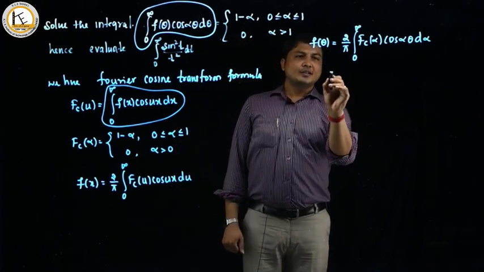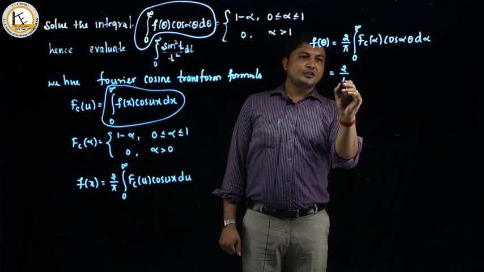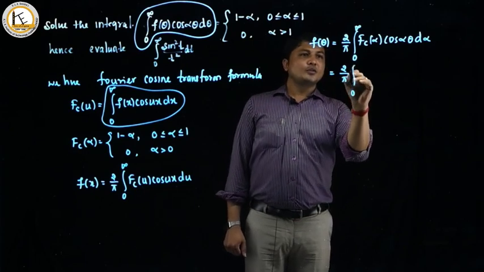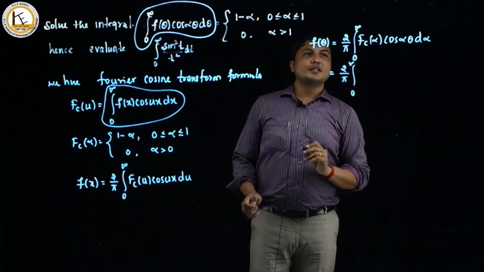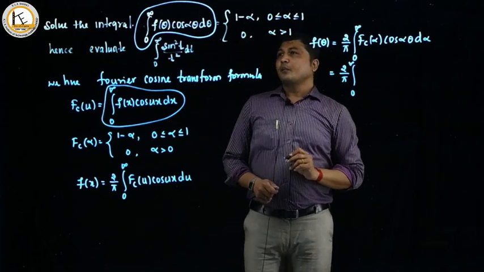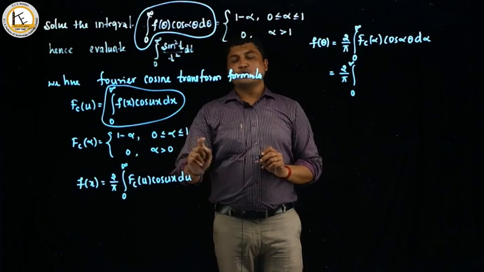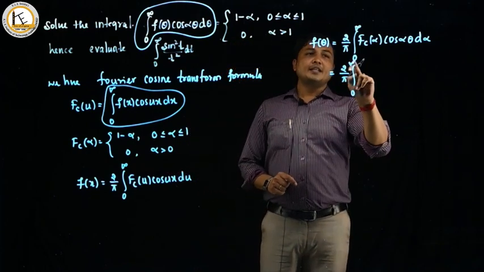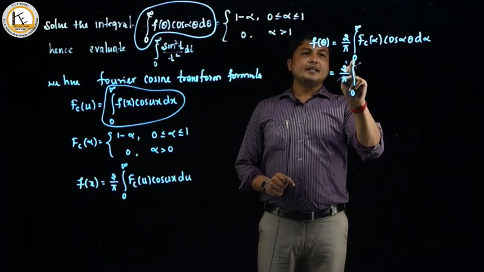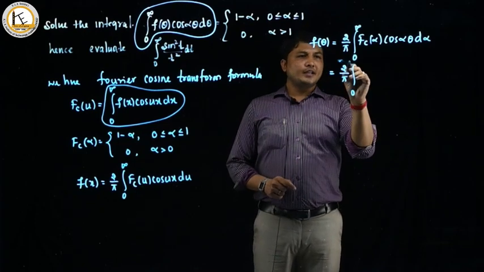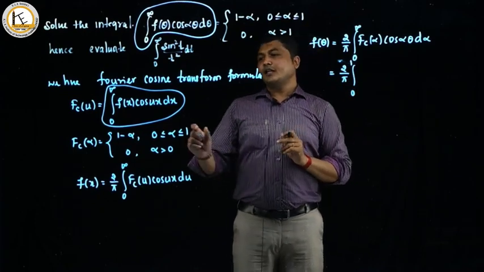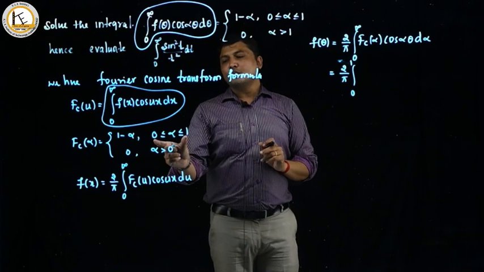So now substituting the function, 0 to infinity, and since we know that Fc of alpha is nothing but 1 minus alpha between 0 to 1, instead of taking the limit infinity, we can take it as 0 to 1, because the alpha value is ranging from 0 to 1.